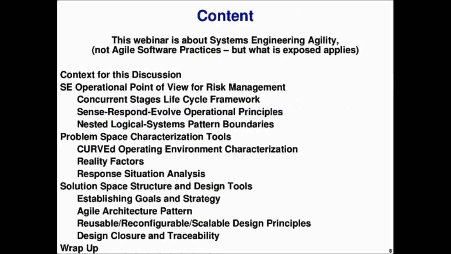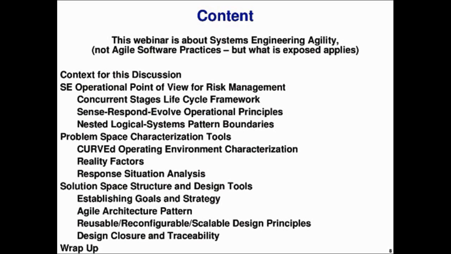Okay, so the content of what we'll discuss here this evening, we'll give a little bit of context for this discussion. I'll set up a point of view for risk management, an SE, a system engineering operational point of view, that has 3 elements to it. I won't read those to you here on this slide. Then we'll go into problem space characterization, trying to understand before we start dealing with our favored solution direction.